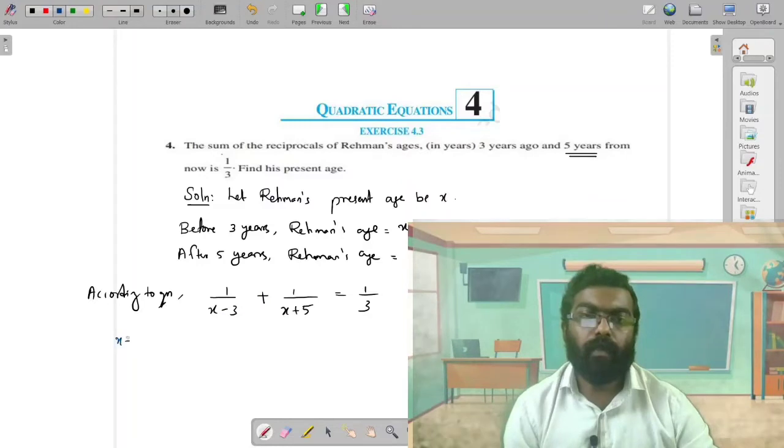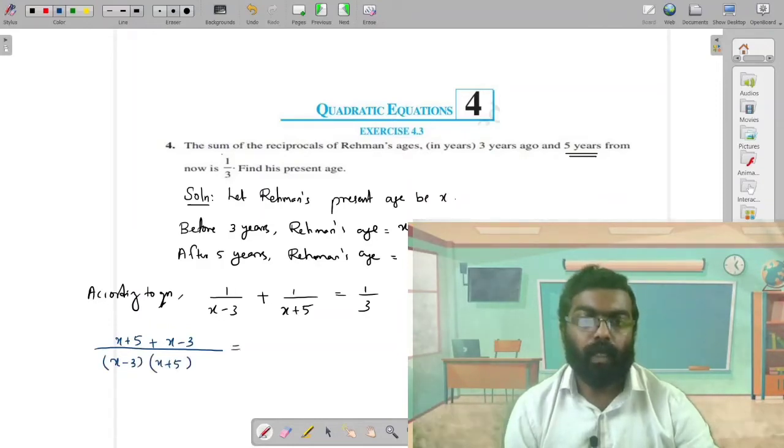Now we can cross multiply these two values. So x plus 5 plus x minus 3 divided by x minus 3 into x plus 5, which is equal to 1 by 3. Here we can add x and x: x plus x is 2x, and 5 minus 3 is 2.